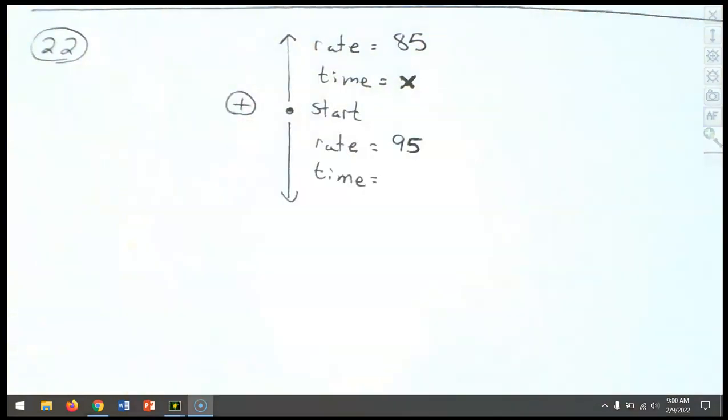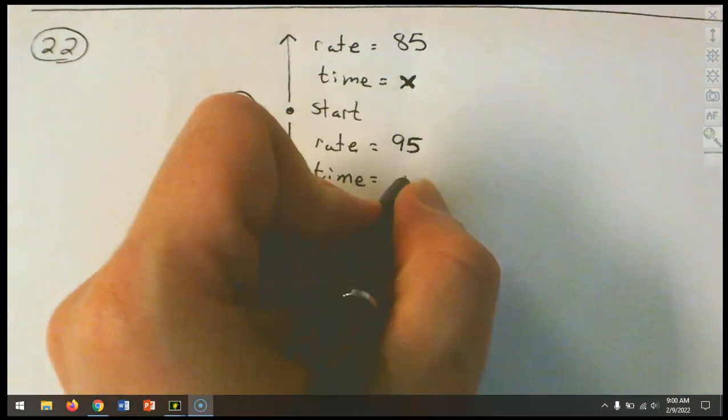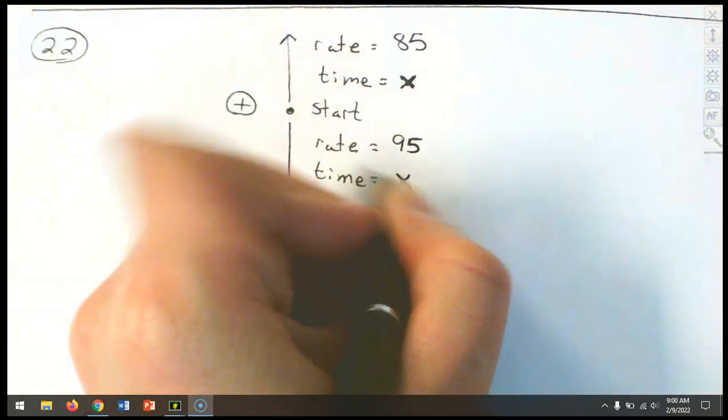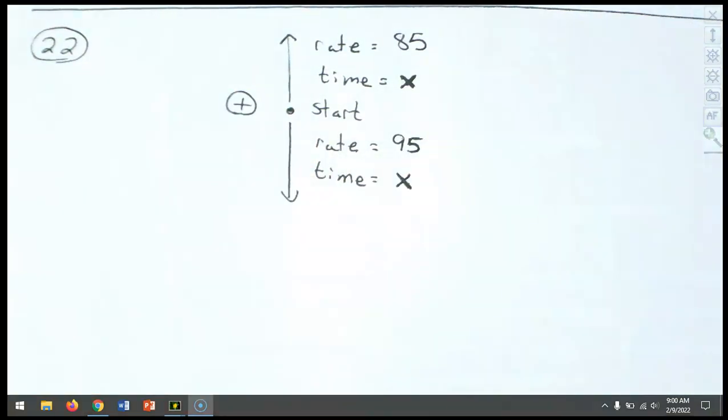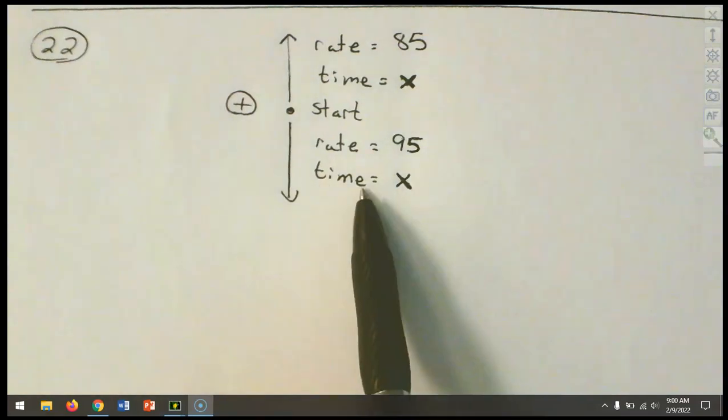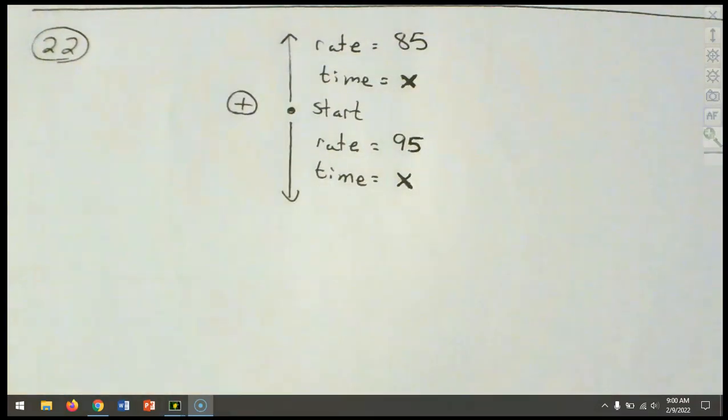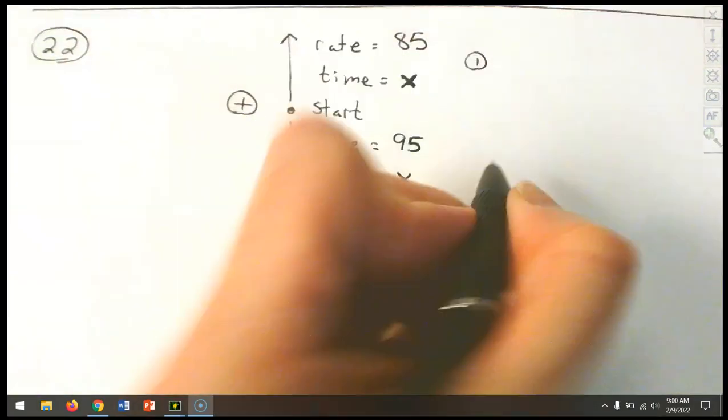Do we know how long the second train is traveling for? Nope. We don't know how long the first train is traveling for, but they leave at the same time. So that means the second train also has a time of x. Now you can label north-south, however you want to label them. I'm going to use a 1 and a 2.